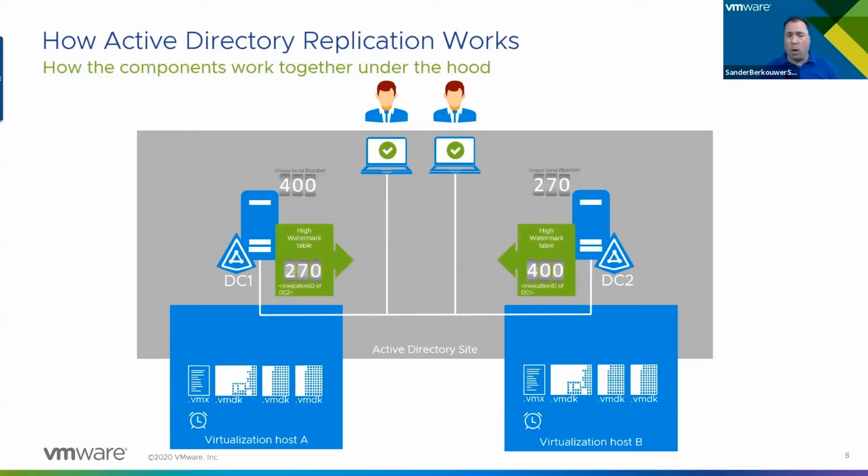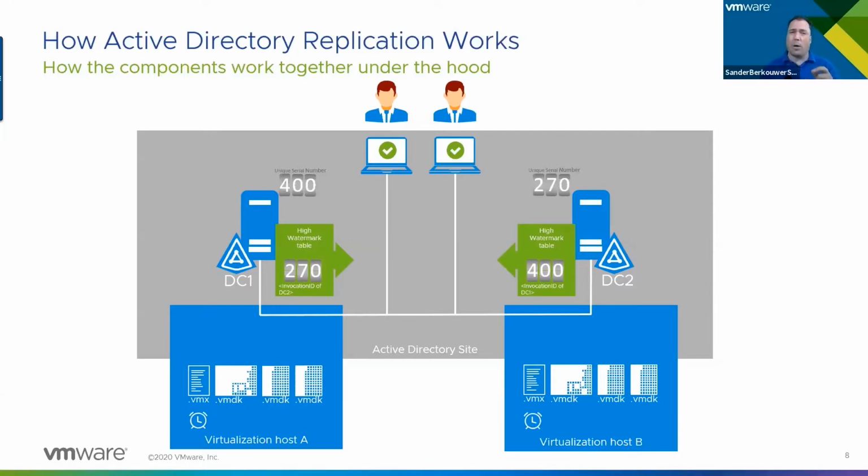And in the high watermark table, each domain controller knows the unique serial number for its replication partners. And the unique serial numbers are located in the high watermark table and denoted by the invocation ID.